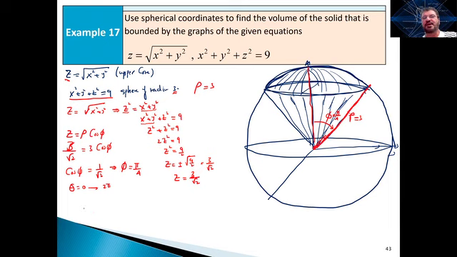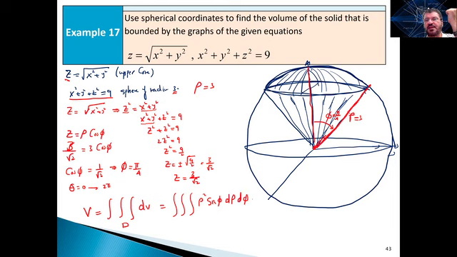So what's the volume here, guys? The volume is the triple integration of dV over the region D, which is equal to the triple integration. What do we start with? Rho squared sine phi, then d rho d phi d theta. This is the formula. Now, rho is from where to where? We found that rho is 3.